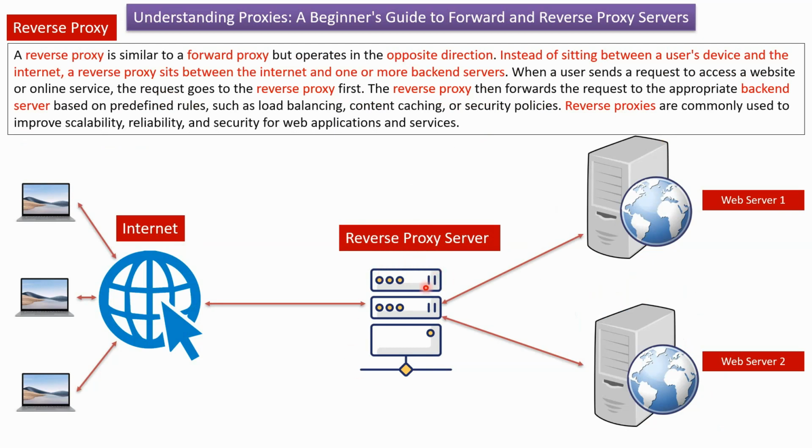The reverse proxy then forwards the request to the appropriate backend servers based on predefined rules such as load balancing, content caching, or security policies. Reverse proxies are commonly used to improve scalability, reliability, and security for web applications and services.